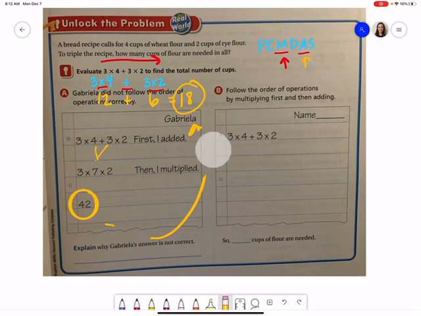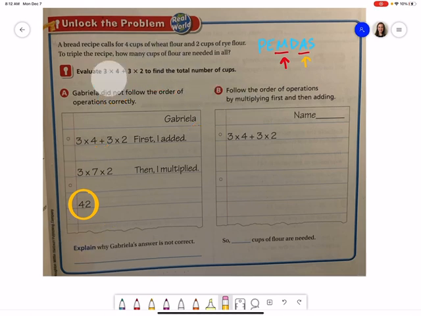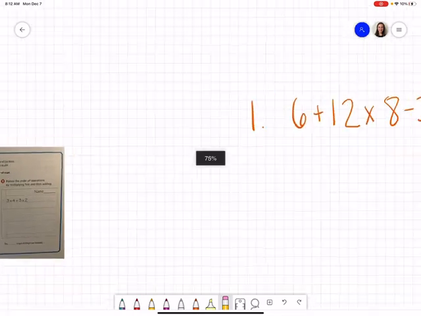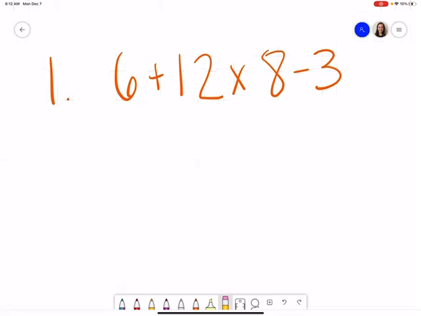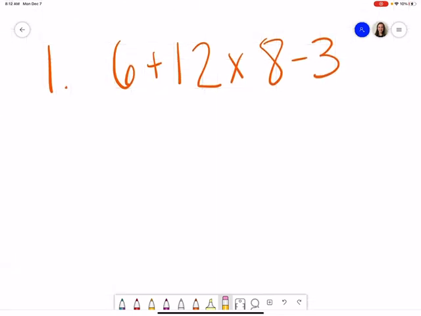All right, let's look at one more thing together today. I want you guys to go ahead and work this out on your own. And I'm going to go ahead and put our order of operations in the corner so you remember.